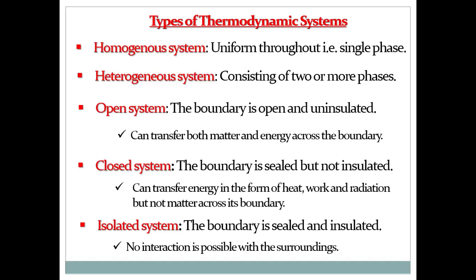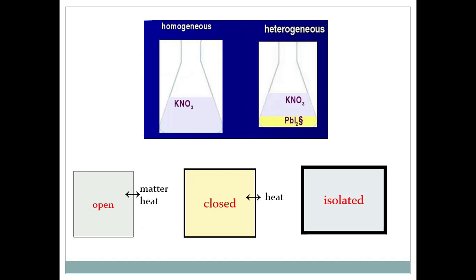So that's kind of a closed system. An isolated system, the boundary is sealed and insulated. So here it's like we have a perfect vacuum flask, where there is no escape of energy and there is no escape of matter. So there is no interaction between the system and the surrounding.